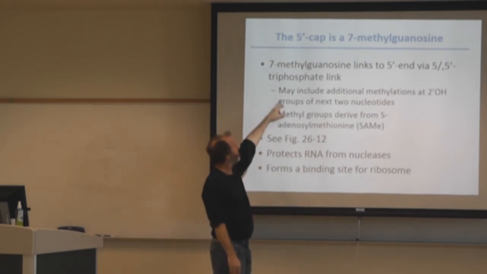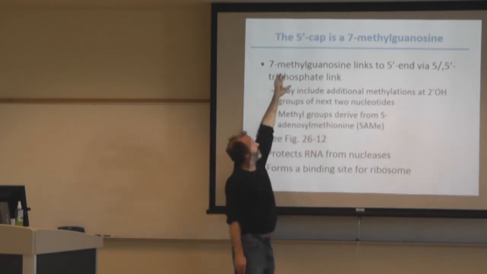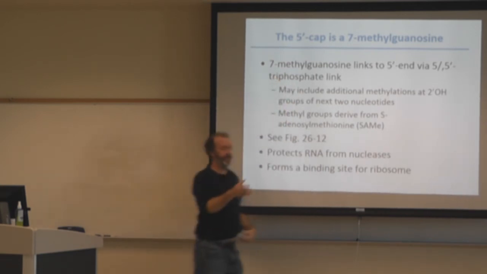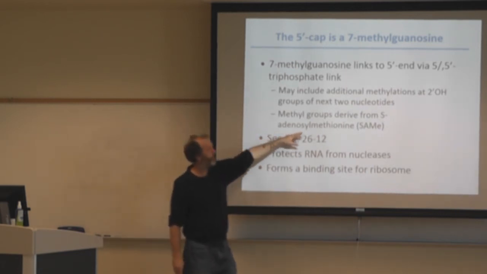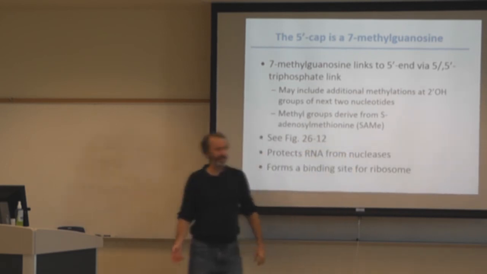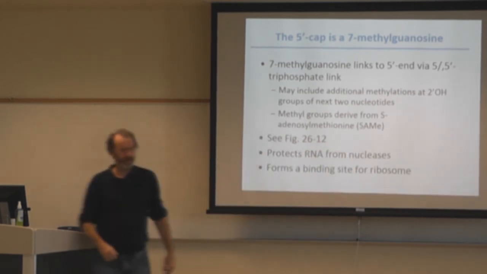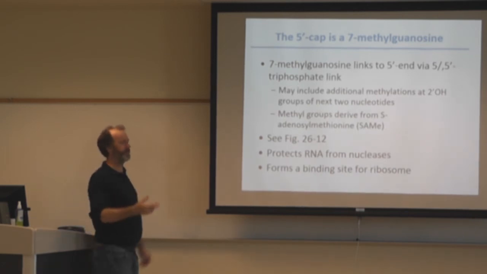And that's your methyl G cap. And the guanosine is methylated on the number 7 position. Methyl groups are derived from S-adenosylmethionine, or SAMe. If you've heard of that, they sell that as a supplement a lot of times. A lot of neurotransmitters also require methyl groups to be added.